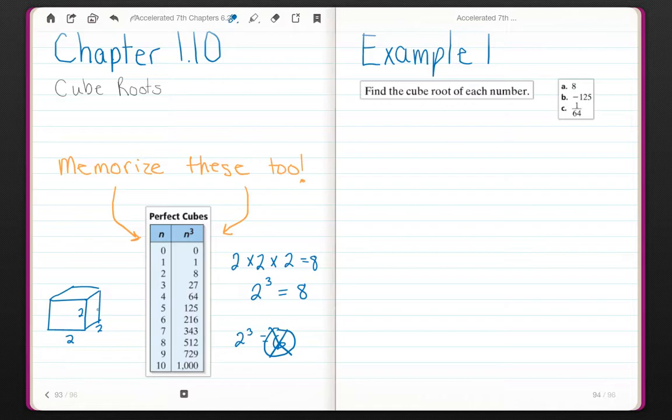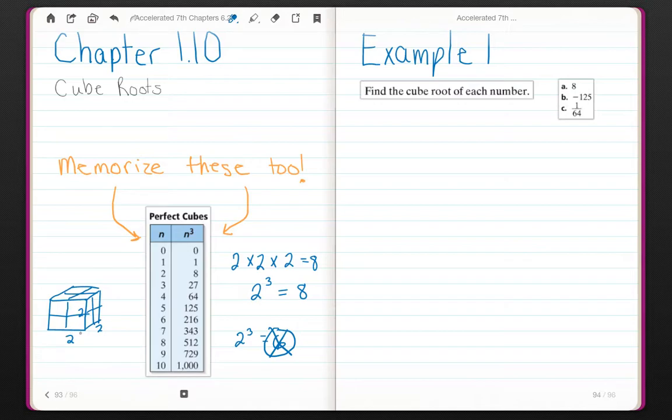That's why we call them cubes, because if I were to stack blocks, 2 blocks high, 2 blocks wide, 2 blocks tall, I would need 8 blocks. 4 for the bottom, 4 for the top.